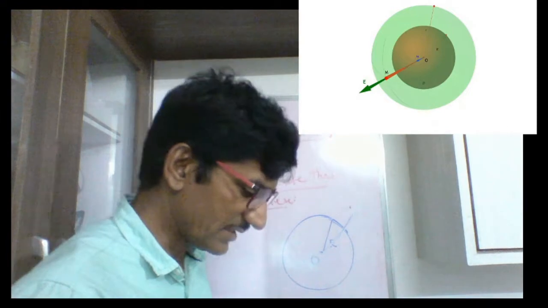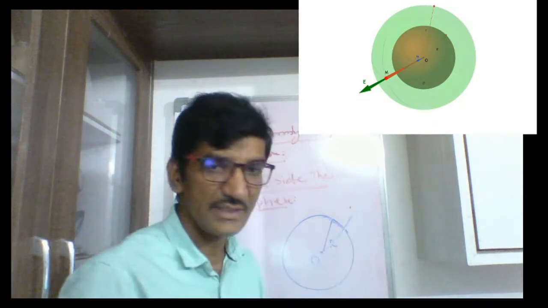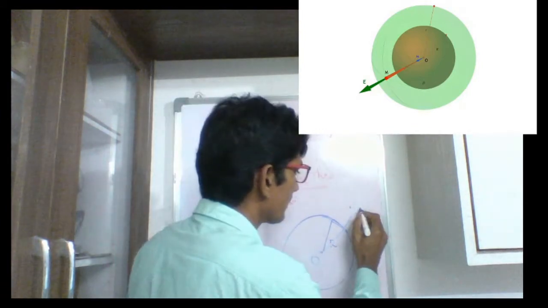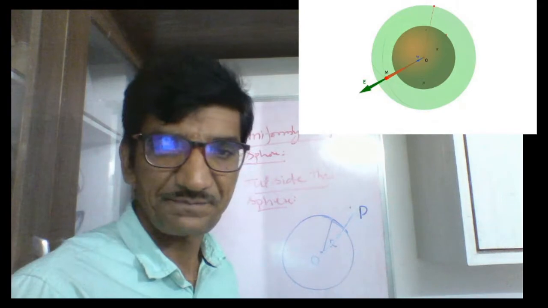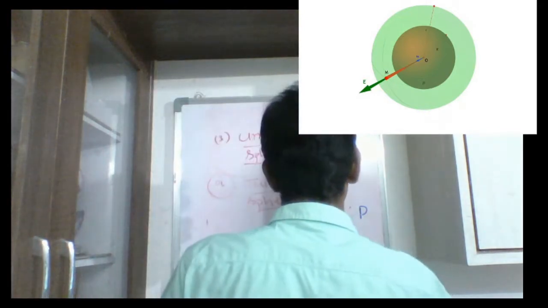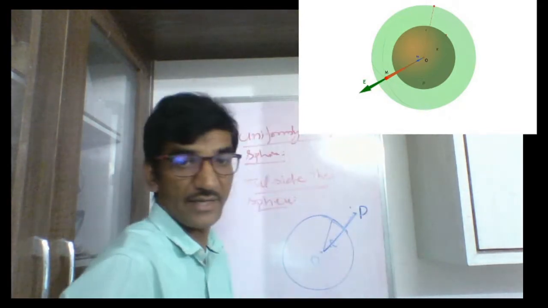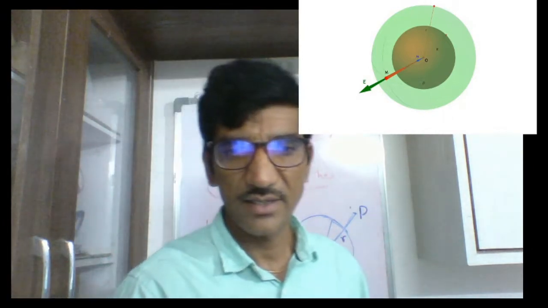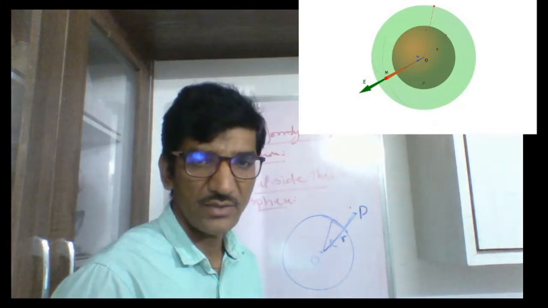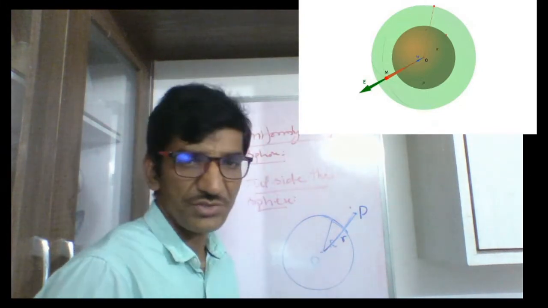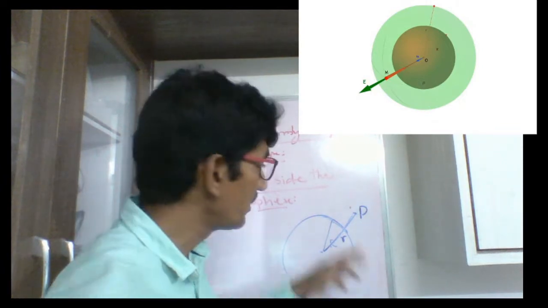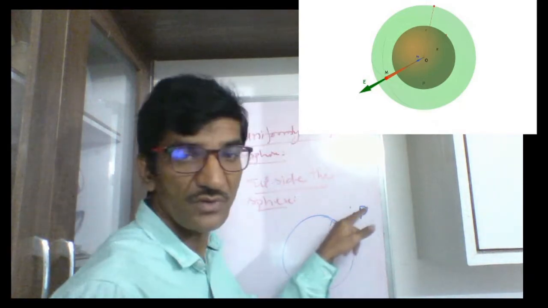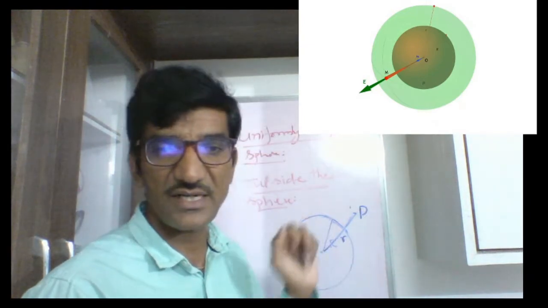Suppose that at this point you want to find the electric field. Let us assume the distance OP as r. This problem also gives you the answer to the field at other points which are also located at a distance r from the center of the sphere.